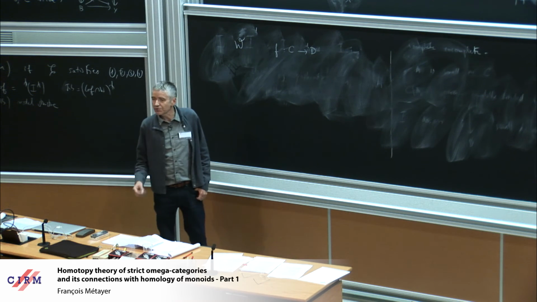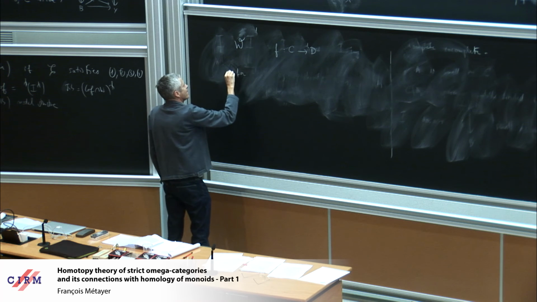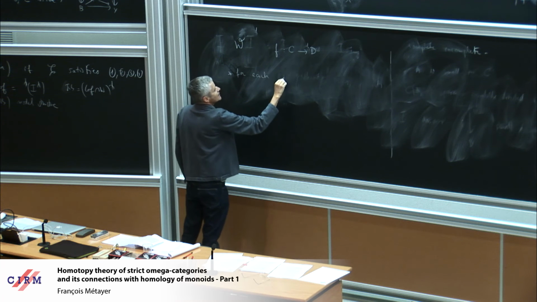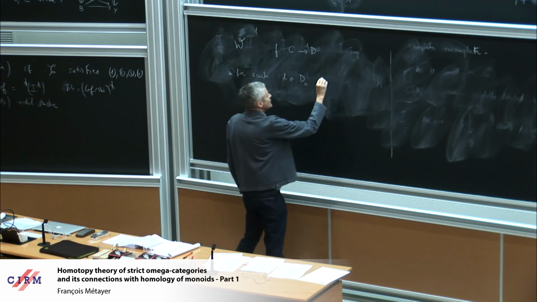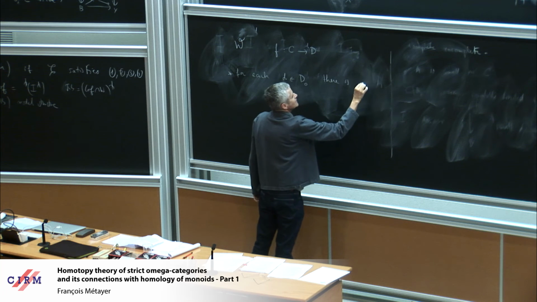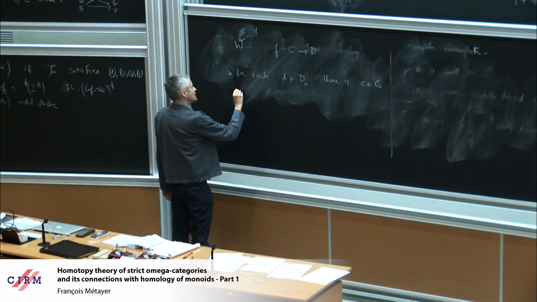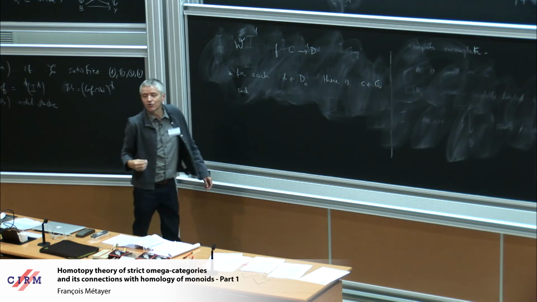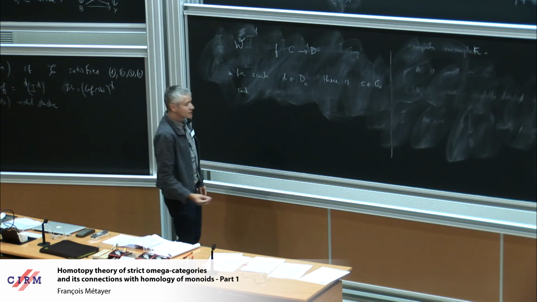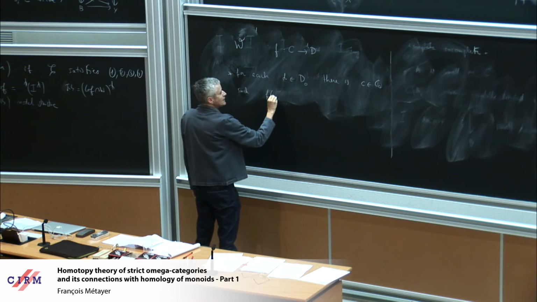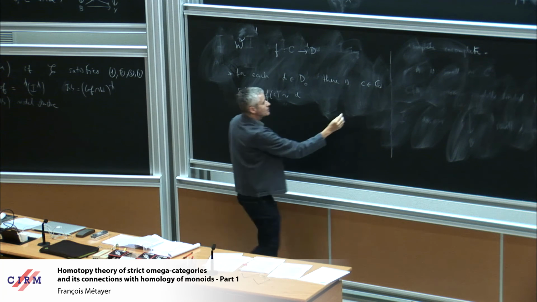In dimension 0, for each cell D in D0, there is C in C0 such that, so it's not properly surjective, but it's surjective up to omega equivalence, meaning that FC is omega equivalent to D. So it pictures like this.